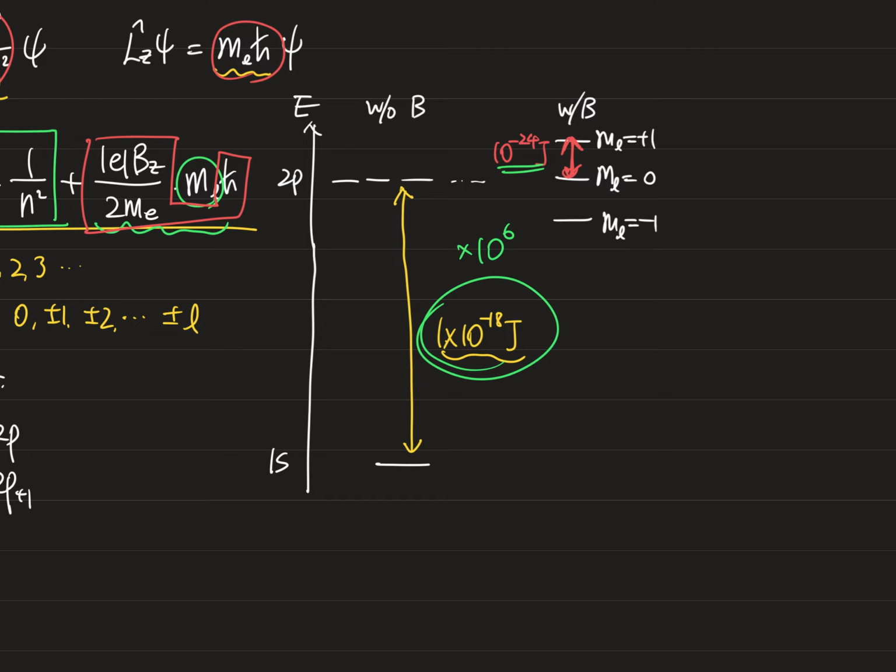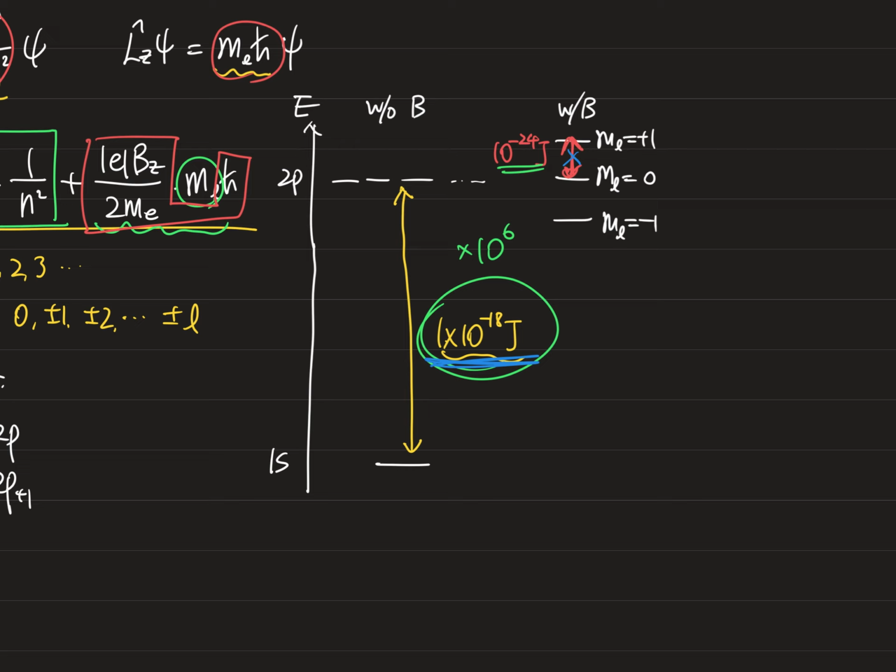So let's go back to the very first of this page. If you have a very poor microscope, then you only see such a large difference, 10 to the minus 18 joule. So you cannot really see this tiny energy difference because you have a poor microscope. And when I say microscope, it's not really a microscope, it's just an analogy.